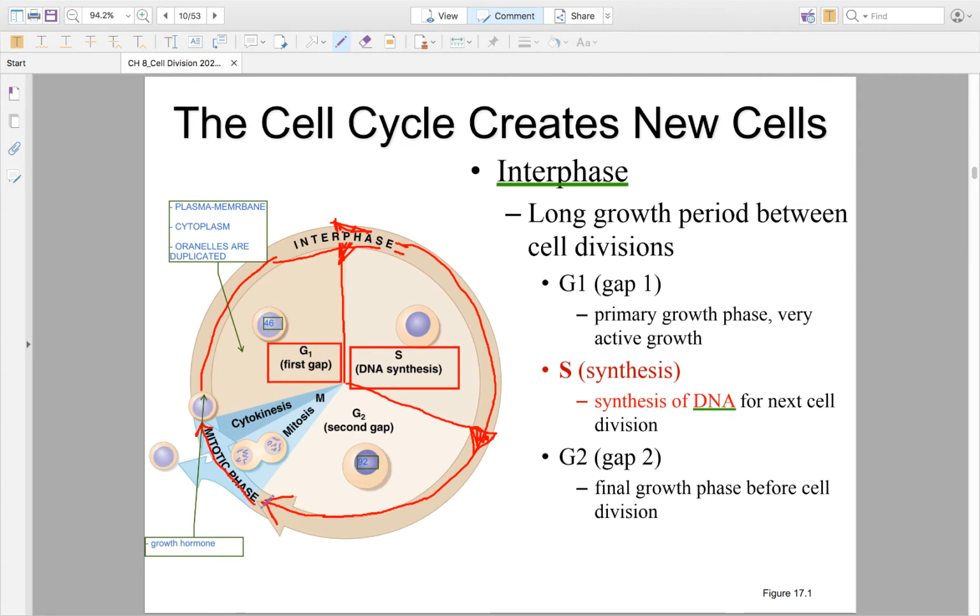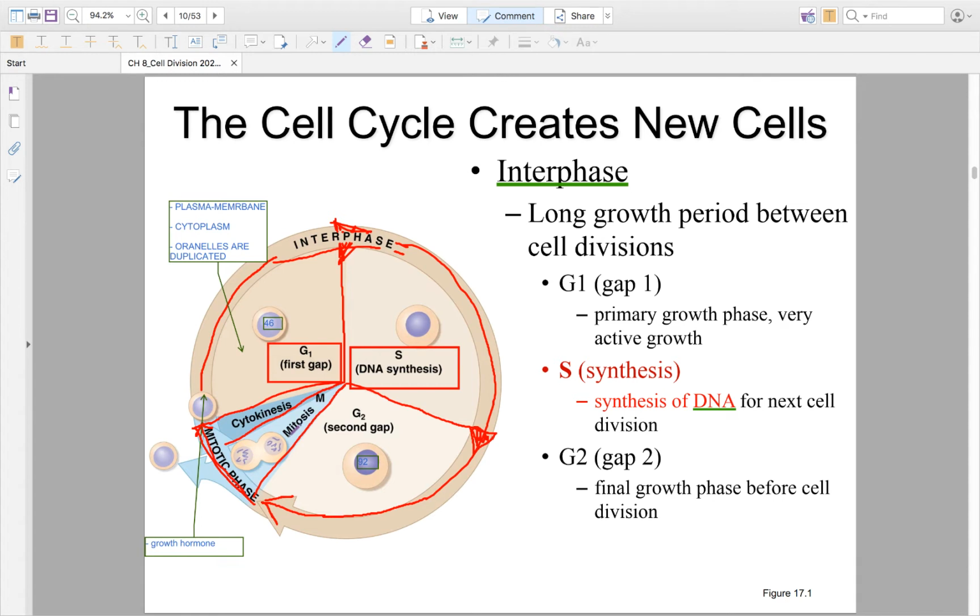The mitotic phase is broken into 2 parts: mitosis, right here, and cytokinesis. They all make up the mitotic phase. Now here's the deal. Do you see how small the part of this cycle that is mitosis is?